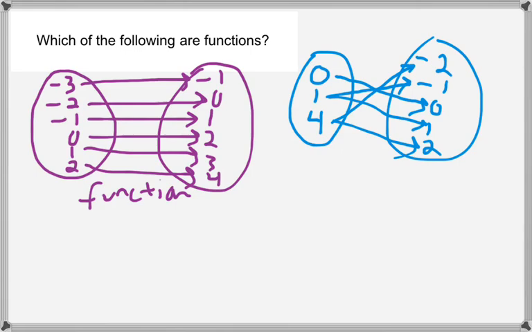So if we look at this relation and we look at each of the inputs, we can see that we have inputs that are going to more than one output. For example, the input of 1 is getting mapped to 2 different outputs. So that means this is not a function.